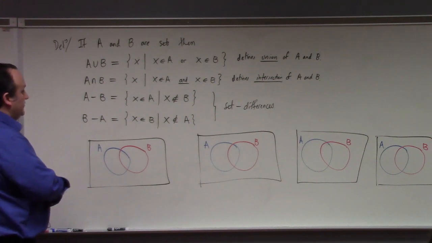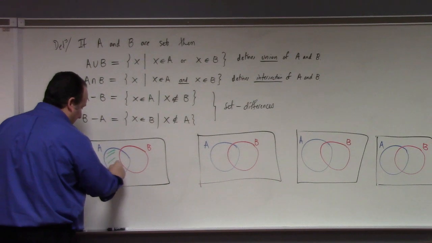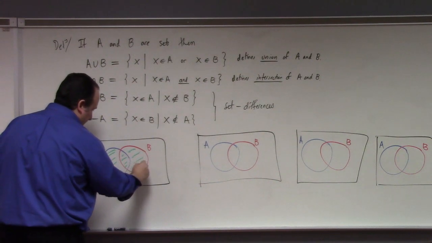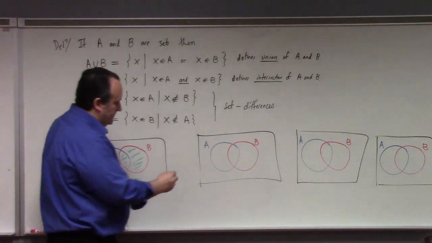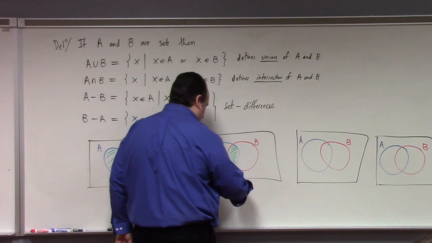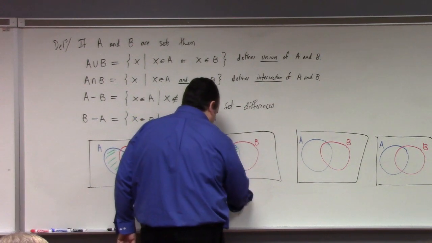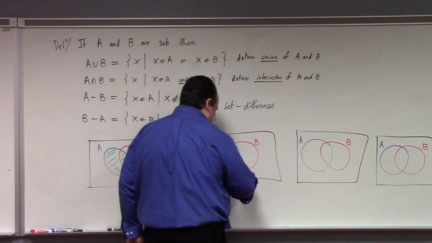So A union B is everything. X is in A or B, so it's all of this. This is A union B. The intersection, like it sounds, is just the points that are in both. A intersect B is those points.